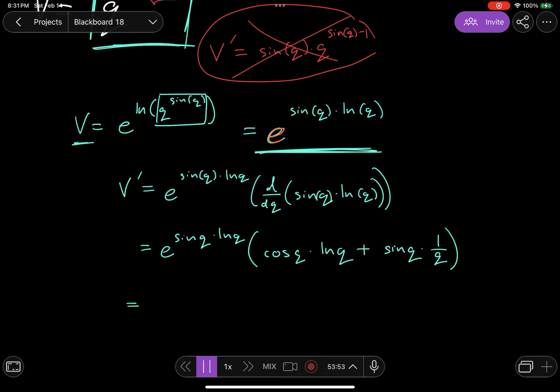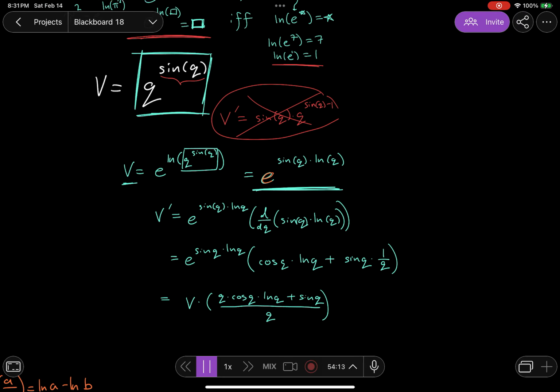This is the same thing as v times q times the cosine of q times the natural log of q plus the sine of q, all divided by q. All I did was find common denominators.